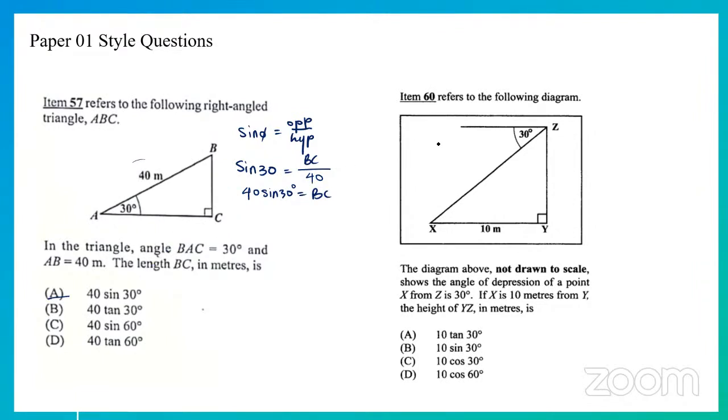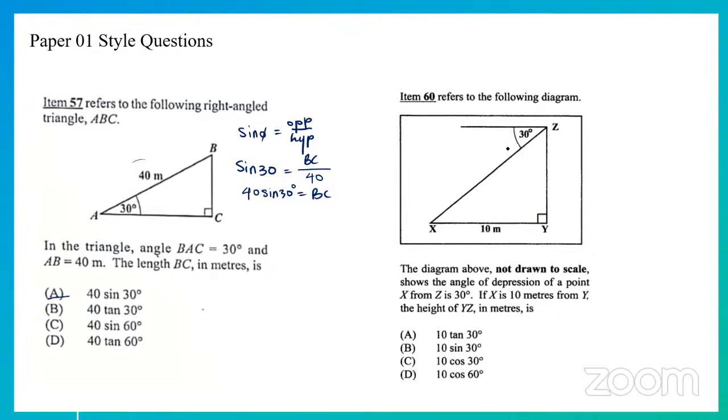Moving along to item 60, the diagram above, not drawn to scale, shows the angle of depression of a point X from Z is 30 degrees. If X is 10 meters from Y, the height YZ in meters is. So here this is an angle of depression question.